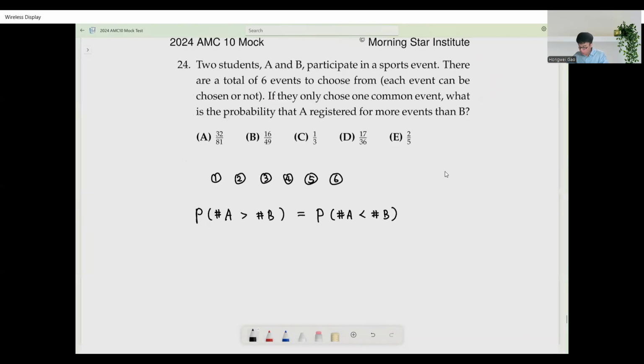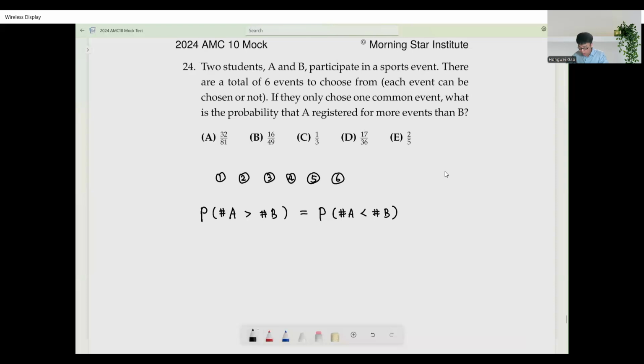Of course, there's another situation, that the number of A equals the number of B. So in total, we have the probability of A larger than B, plus the probability of A less than B, plus the probability of A equals B. So that's all cases. So the sum of these probabilities should be 1.